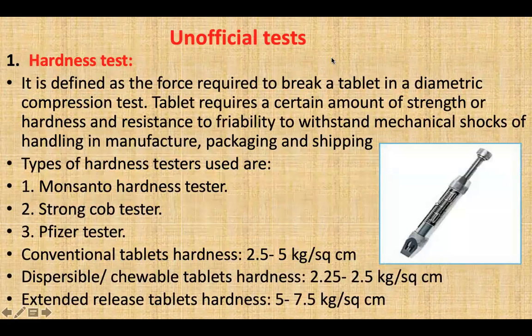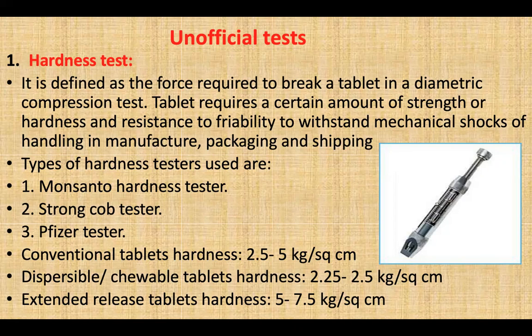After that, the hardness test: you have to check the hardness of the tablets. It is defined as the force required to break a tablet in a diametric compression test. A tablet requires a certain amount of strength or hardness and resistance to friability to withstand mechanical shock of handling in manufacturing, packaging, and shipping.